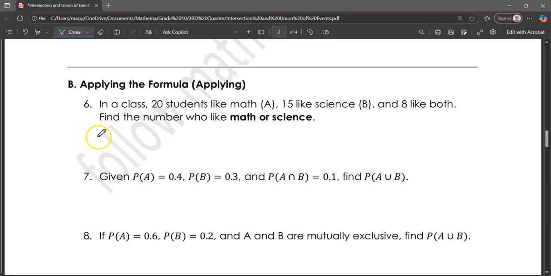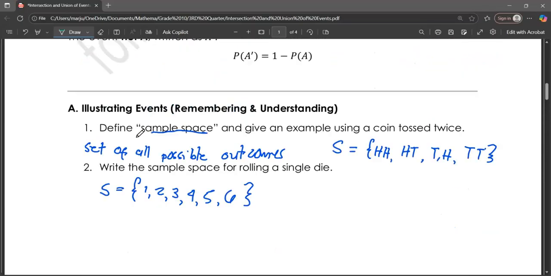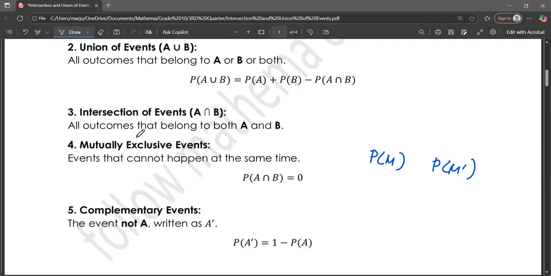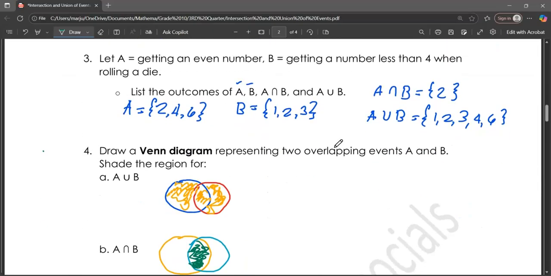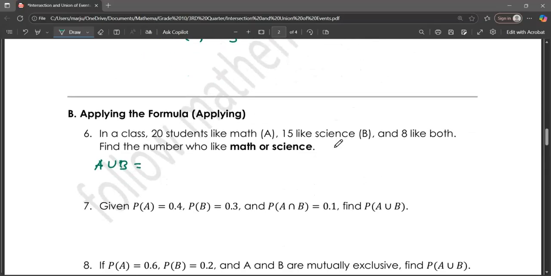So this is A union B. And going back here, our union formula is just asan yan? It's here, right? So we're just going to add everything, probability of A, probability of B, and then subtract the intersection. So let's go back here. What is my probability of A? My A is 20.